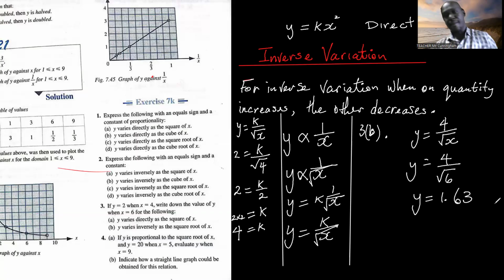Anybody lost? No, sir. All right, so I'm giving you 30 seconds to write down everything, and then we'll do one on the board. If y is proportional to the square root of x, evaluate y when x is 9.